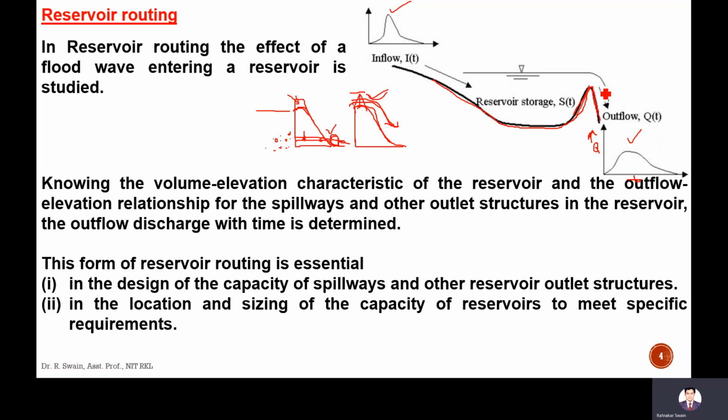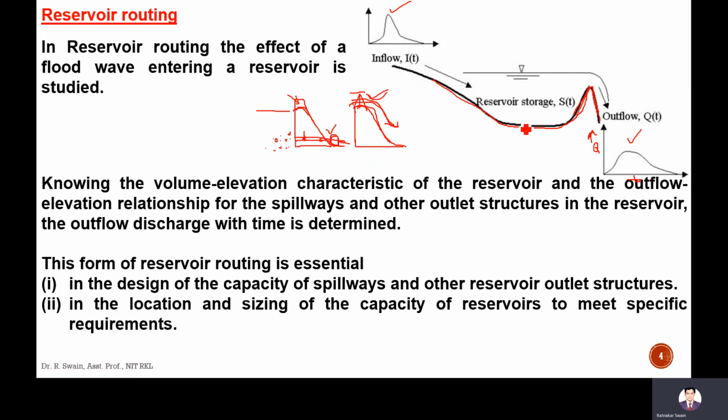Since the dam disturbs the natural flow of the river, it is storing some water. So using the inflow hydrograph the outflow hydrograph is calculated, but using only the inflow hydrograph, the outflow hydrograph cannot be determined.